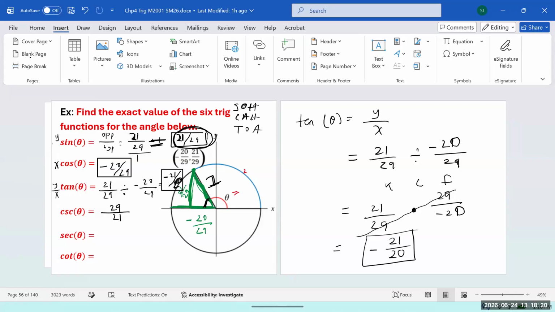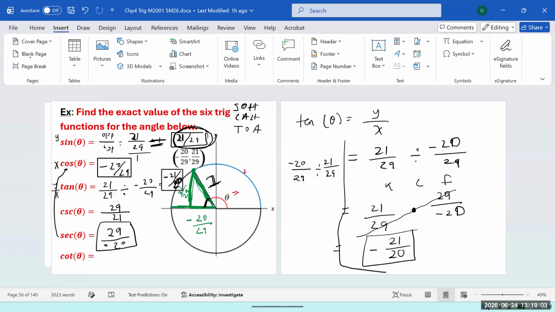Arif, secant. What would be the secant of the theta here? -29/-20. Perfect. It's the opposite of cosine. Kimberly, the last one, cotangent. It's the other, yeah. 21 divided by 29.